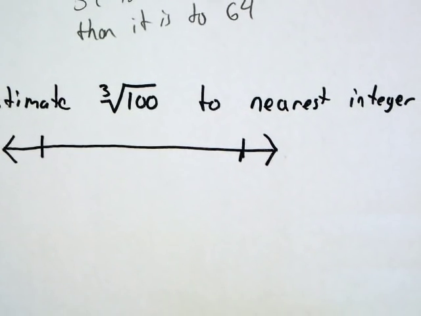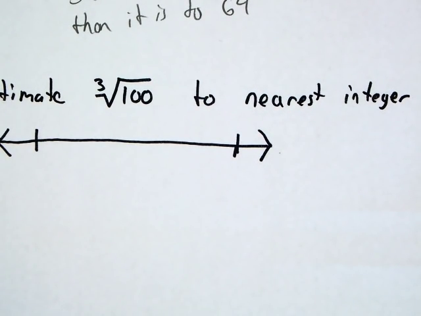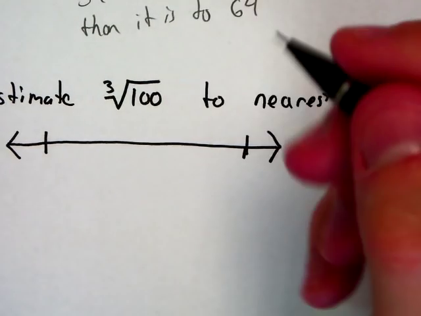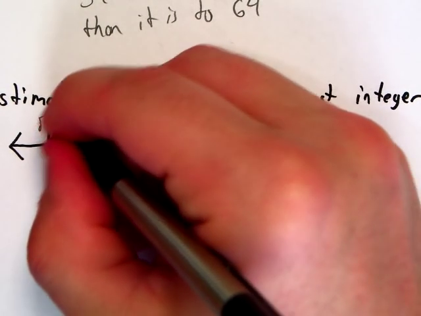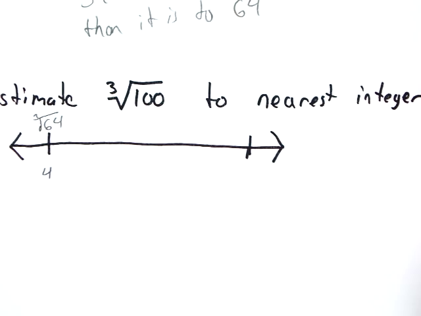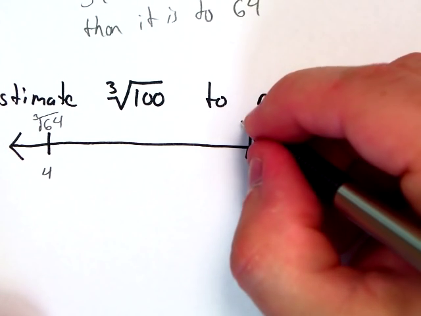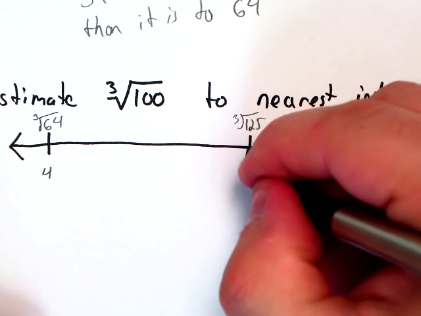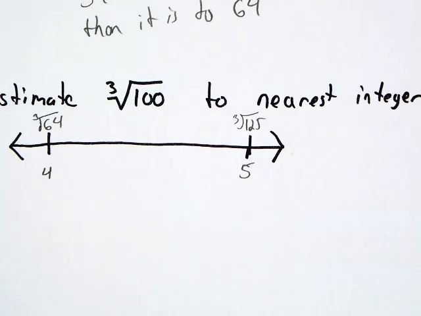Example 2, now we're dealing with cube roots. Same exact process. 100 falls between 64, the cube root of 64 is 4, and 125, because the cube root of 125 is 5.